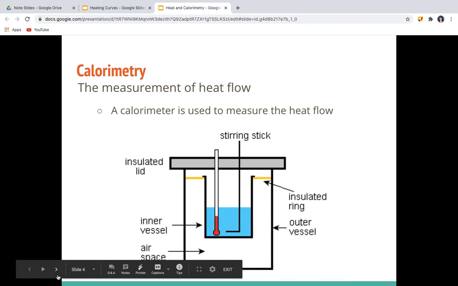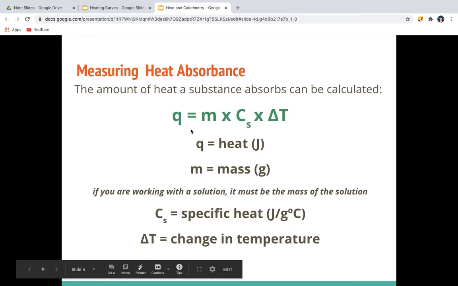And those actually work pretty well for calorimeters because you don't have heat transferring into the system or out of the system as much, just because those two layers of styrofoam are pretty good.